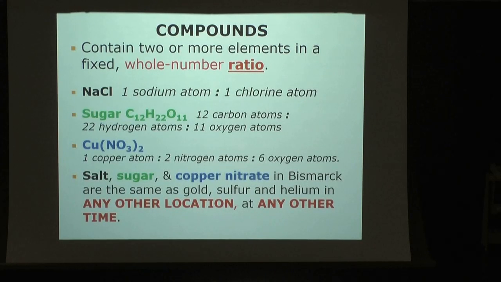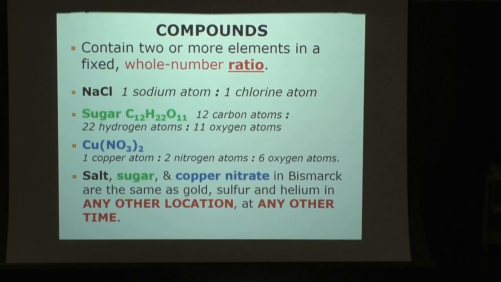And again, because these are substances, elements and compounds are two types of substances, they're going to have the same formula, the same ratios, any other time, any other place, now into eternity. We're going to call salt by that ratio. And anywhere else on Earth, they would have that ratio too. At the fundamental level, if you had one single molecule of sugar, it's always going to have that ratio.